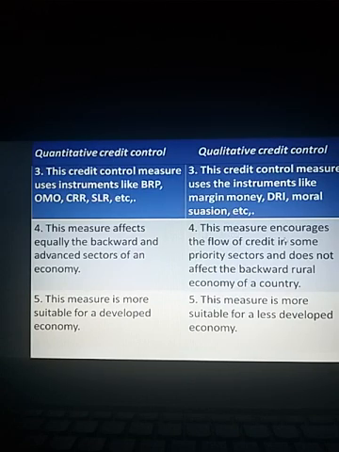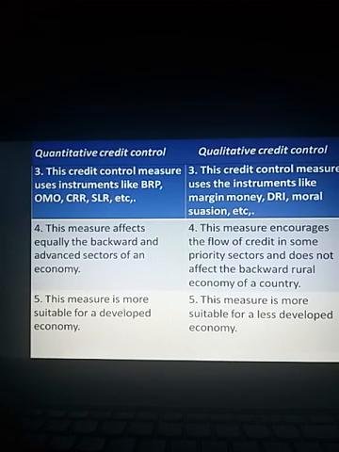This measure encourages the flow of credit in some priority sectors and does not affect the backward rural economy of the country. See, when I discussed qualitative, I clearly mentioned qualitative is also called selective credit control measure. So, as it is selective credit, it selects a priority sector and it will never affect the backward rural economy of the country.